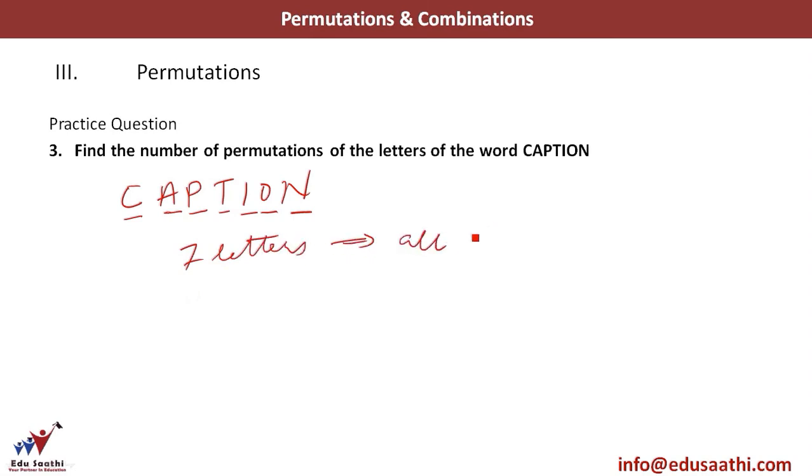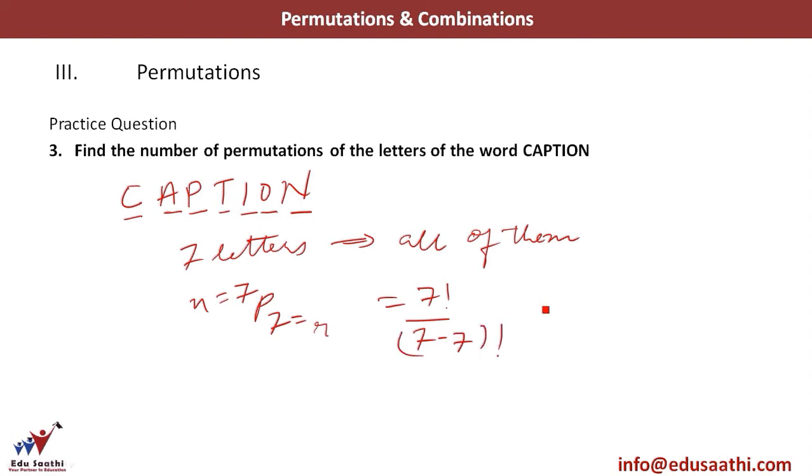So we don't have an R here. All of them have to be arranged. So how do we write this? 7p7, n is also 7 and r is also 7. I can write this as 7 factorial by 7 minus 7 factorial, or in other words just 7 factorial. So the answer is 7 factorial.